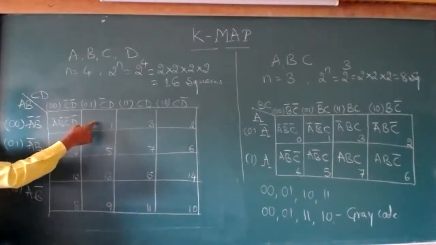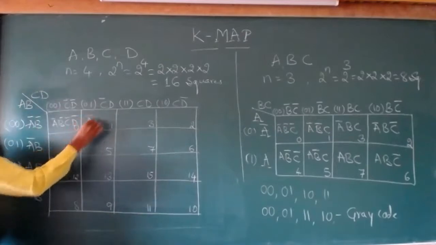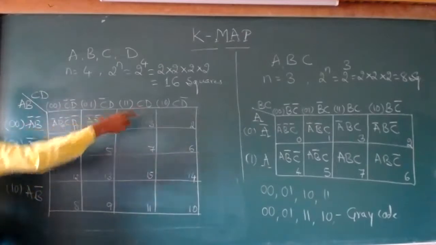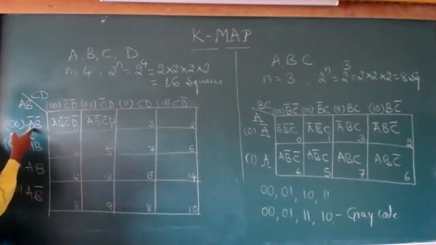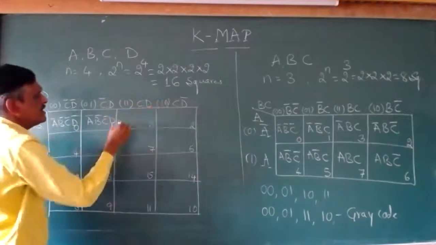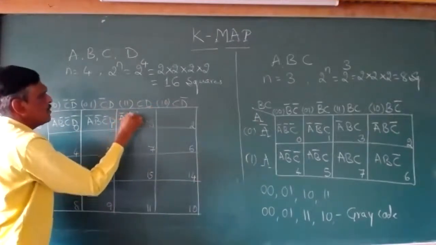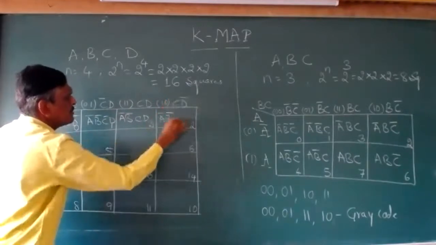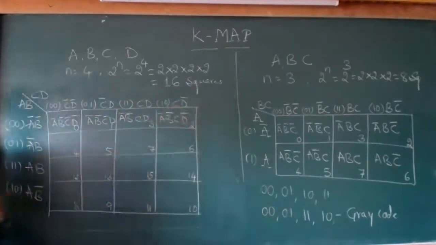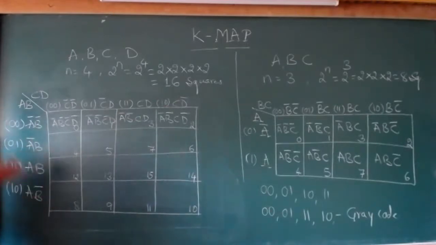Next one is A complement, B complement, which are common for this whole row, and C complement, D. For this row, A complement B complement is common, so you only need to change the C D part: A complement B complement C D, A complement B complement C D complement. Like this, you can generate the min term for each and every square in this 4 variable K-map.